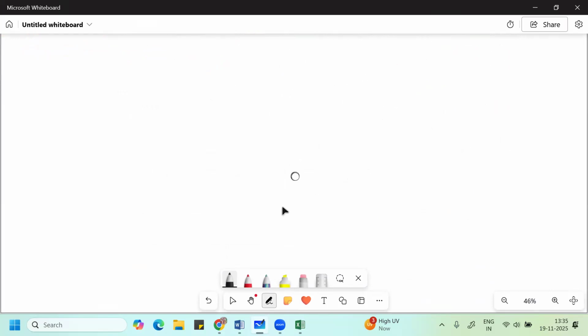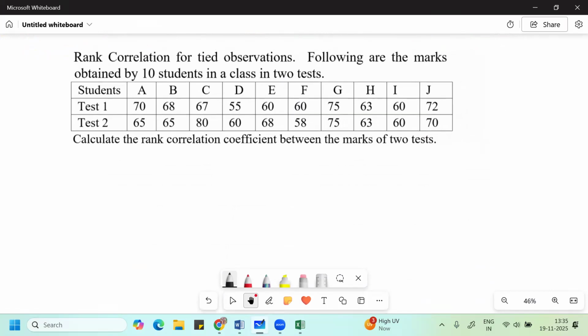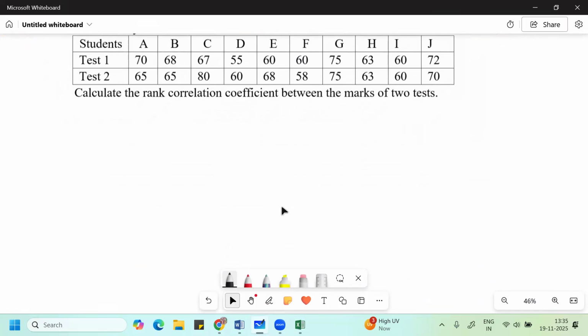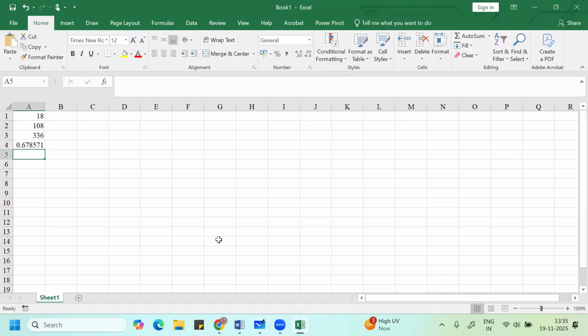So imagine this is the value given to you. Test one. So these values are given to you, and let me put them in Excel only.